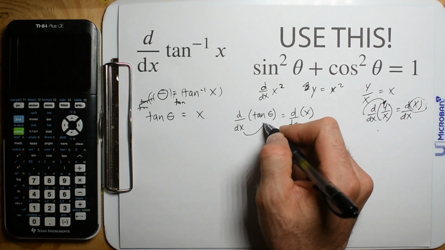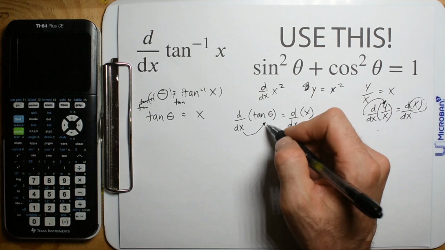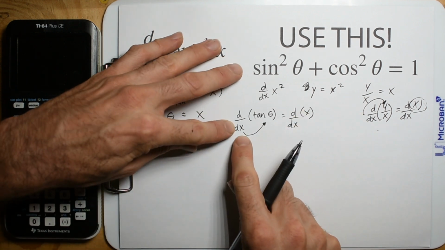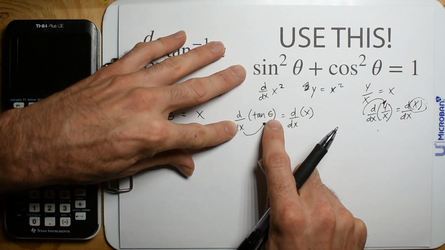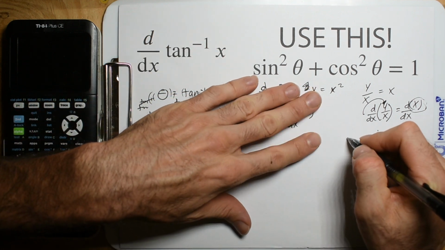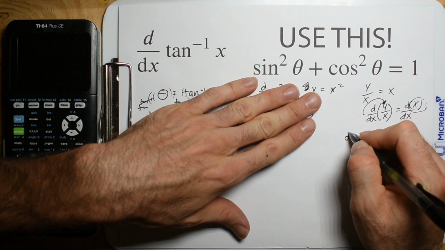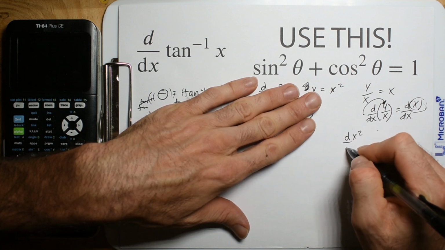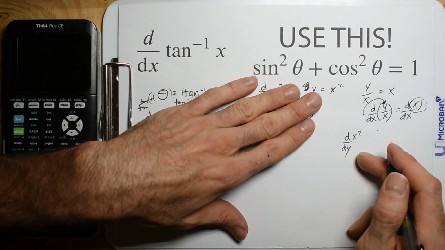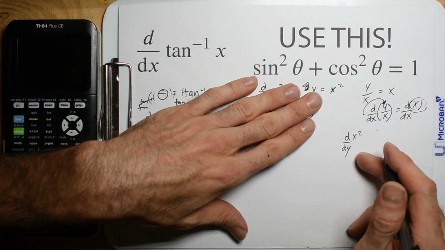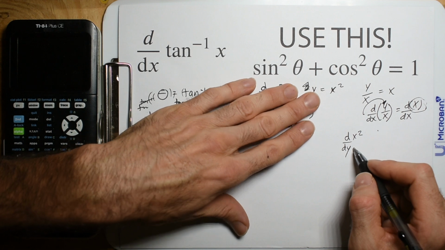This should be big alarm bells going off that you don't have x here. That's like saying, I want to take the derivative of x squared with respect to y. You know what I mean? Well, you don't have y. You have x squared. So what gives?